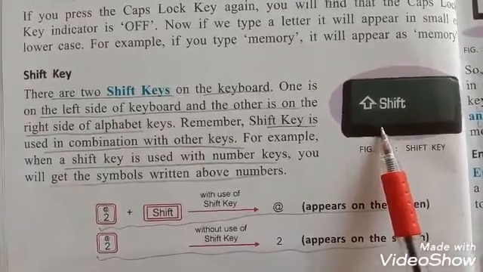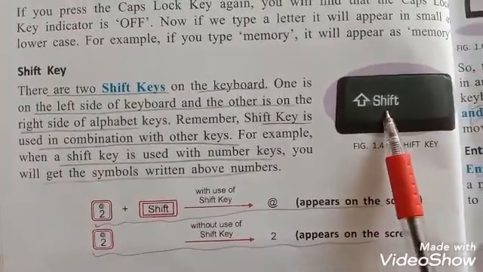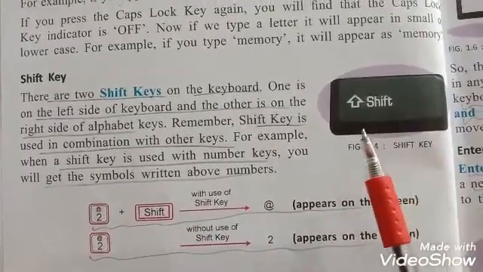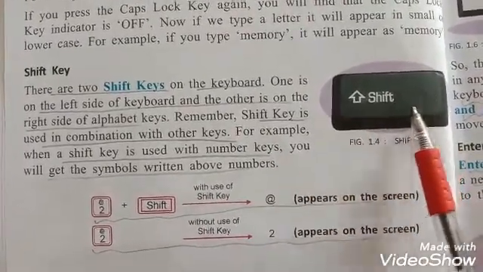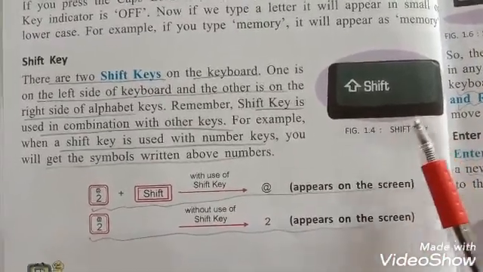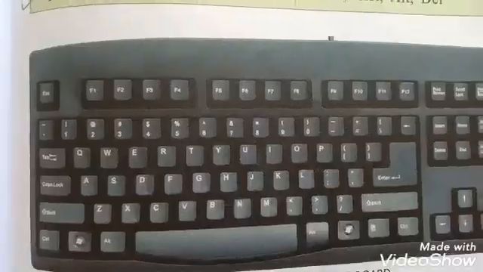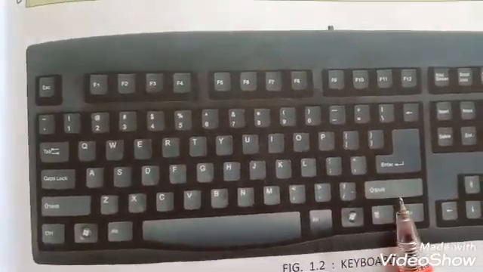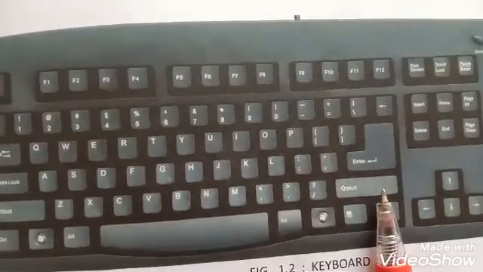Second is shift key. There are two shift keys on the keyboard. One is on left side and other is on right side of the alphabet keys. Like this. First one is this. Second is this.